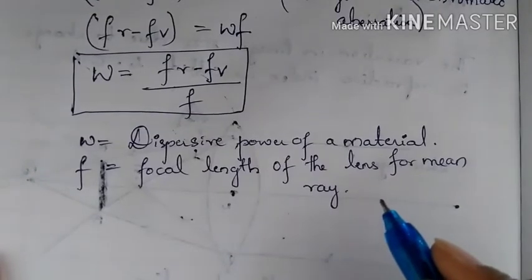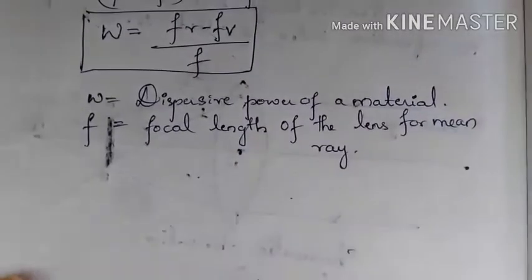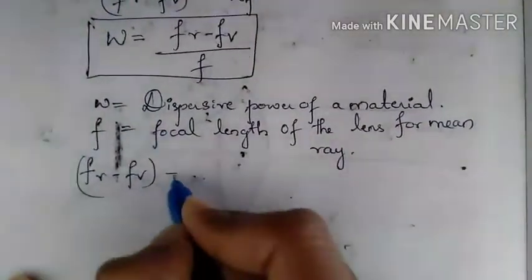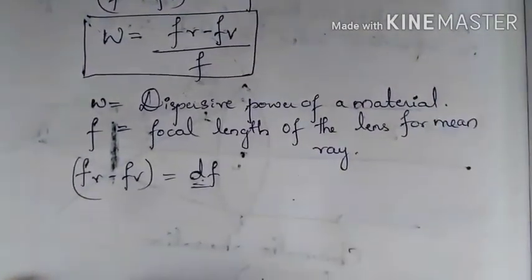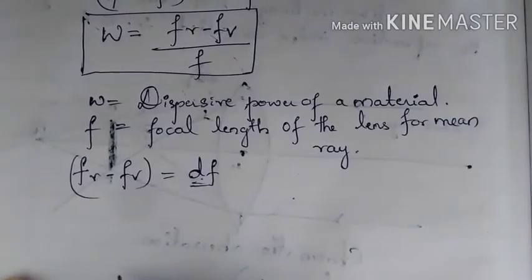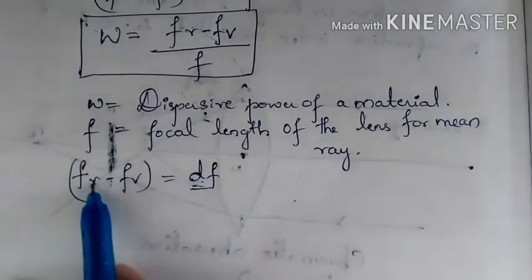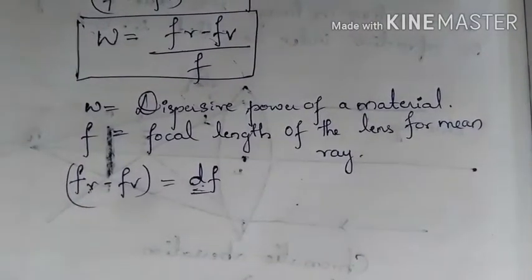Now if we take DF as the difference of focal length, FR minus FV is equal to DF. DF is just the difference in focal lengths of two colors. Here we have chosen red and violet rays, but you can also choose different colors and write the omega.